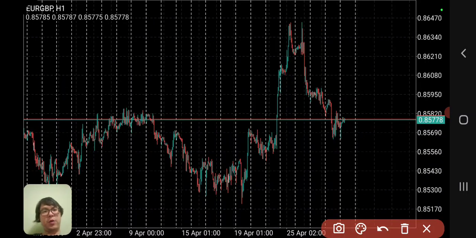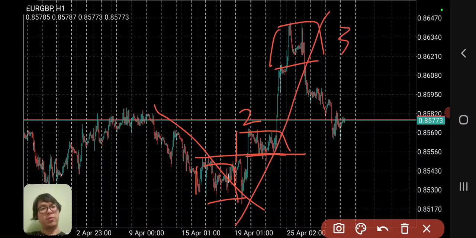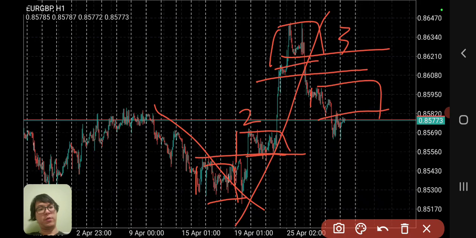Okay, Euro Pound. We got the trend line break, support, dimension 1, dimension 2, 3, trend line break. We got a no resistance test, so there's no dimension 4 to be considered.